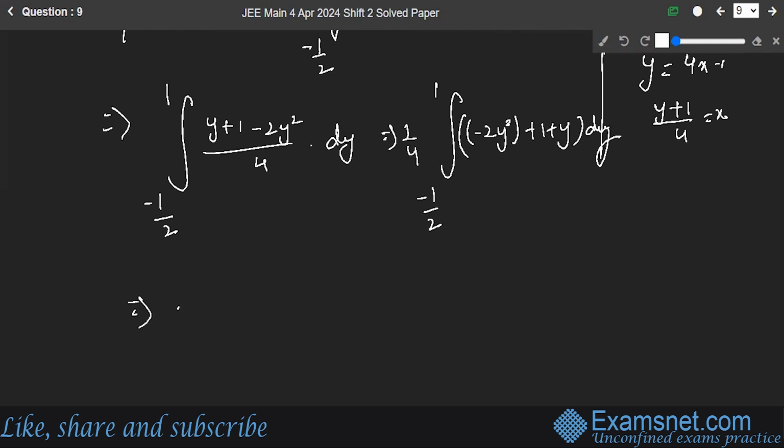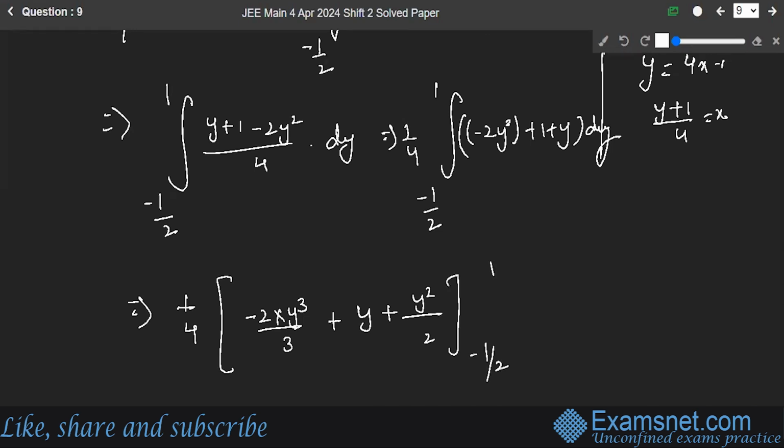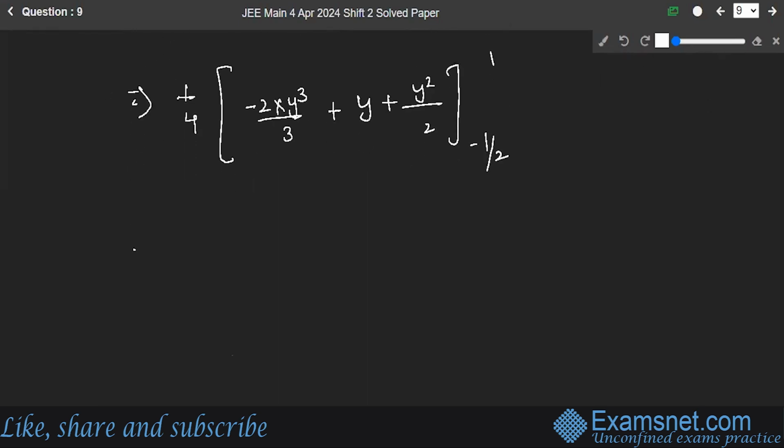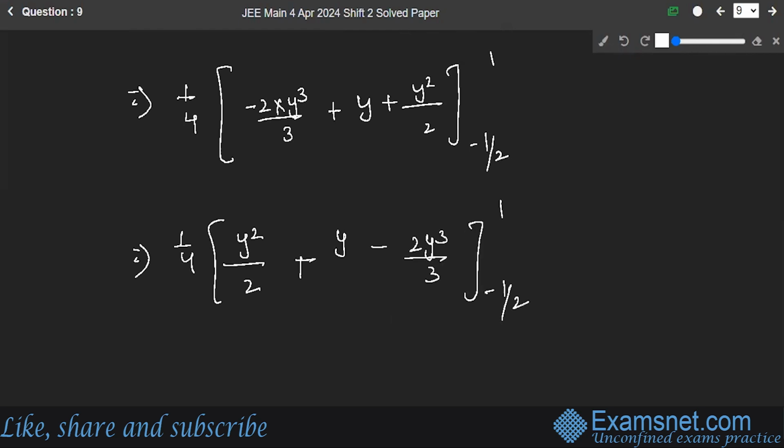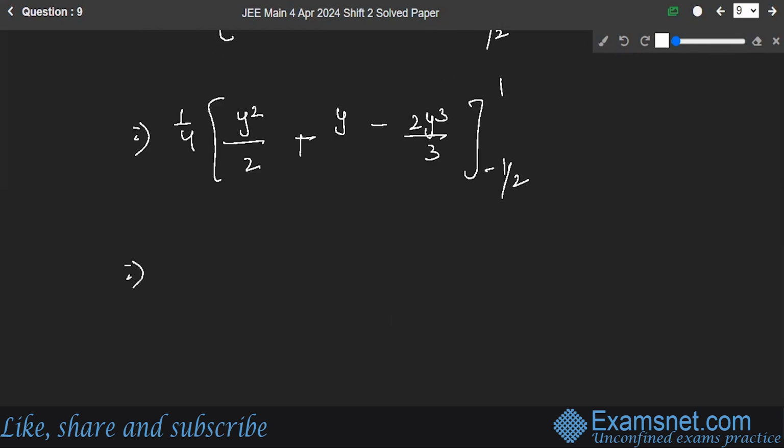Let's solve. 1 by 4 outside. This will be minus 2 into y cubed upon 3 plus y squared upon 2, with the limits as given. Let's write it properly once: you have y squared upon 2 plus y minus 2y cubed upon 3. Let's solve it further.